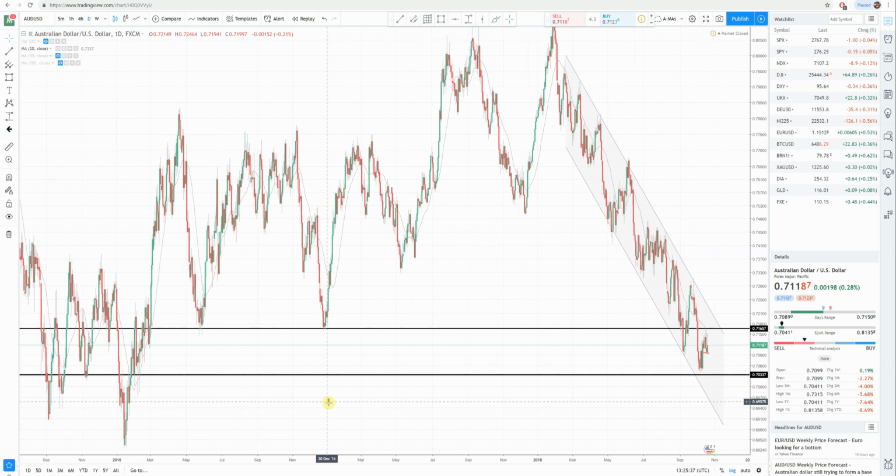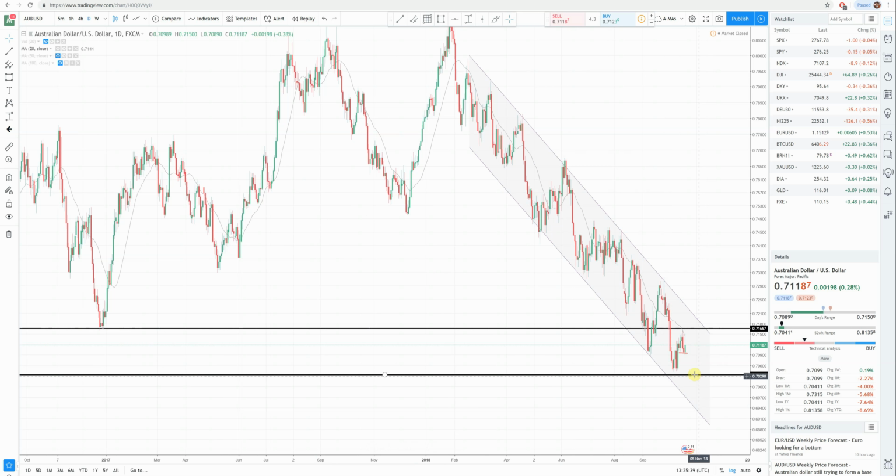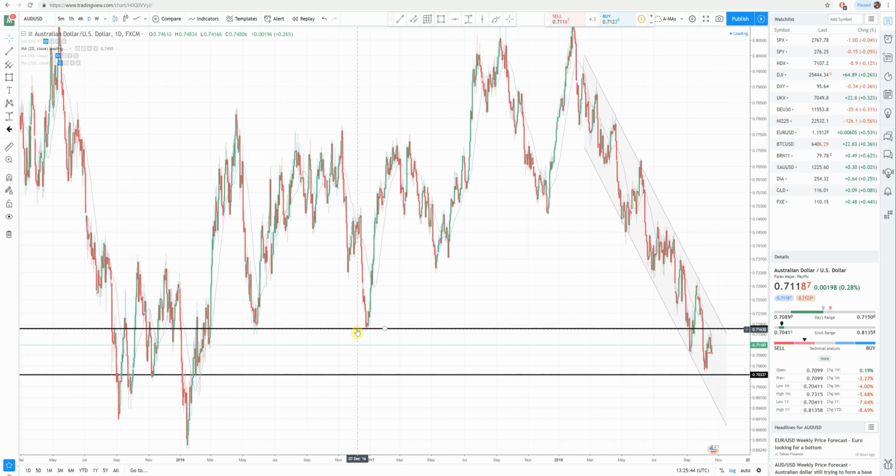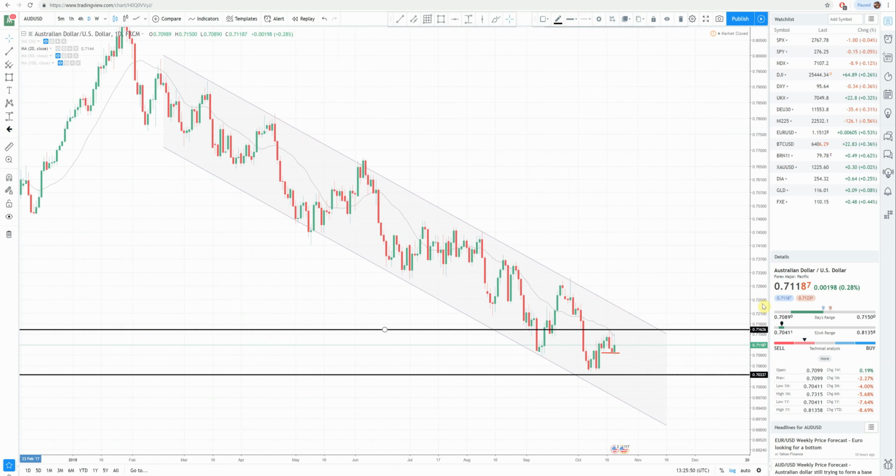Okay, it seems to have reached a major support line. Let's mark the other near support and resistance lines for the pair.